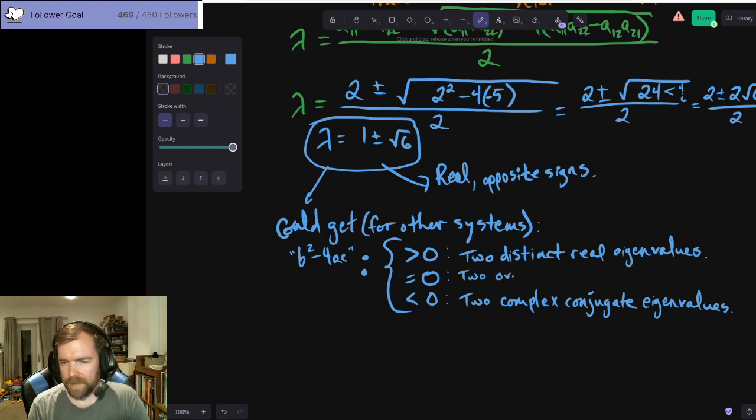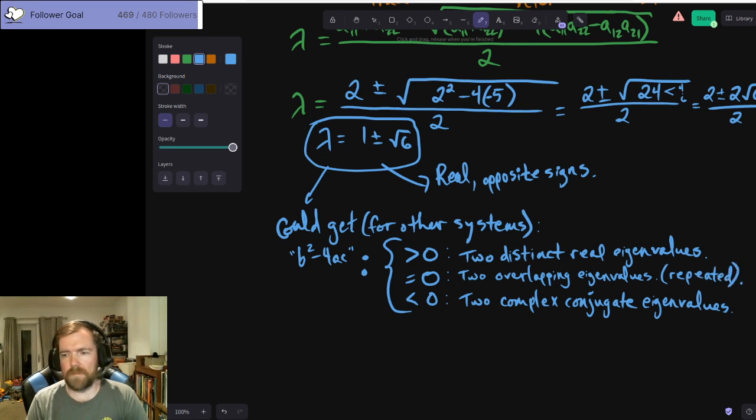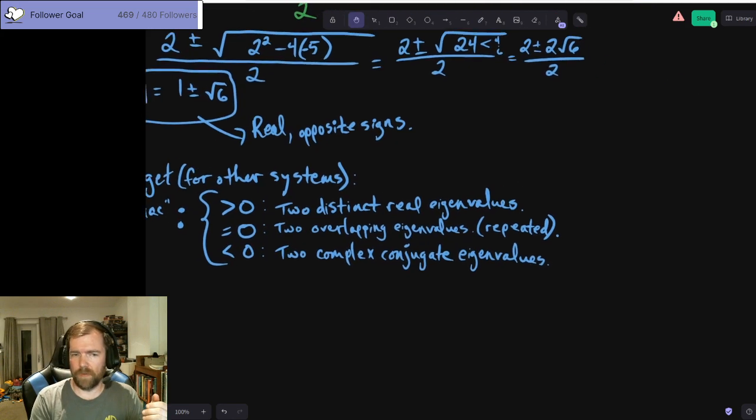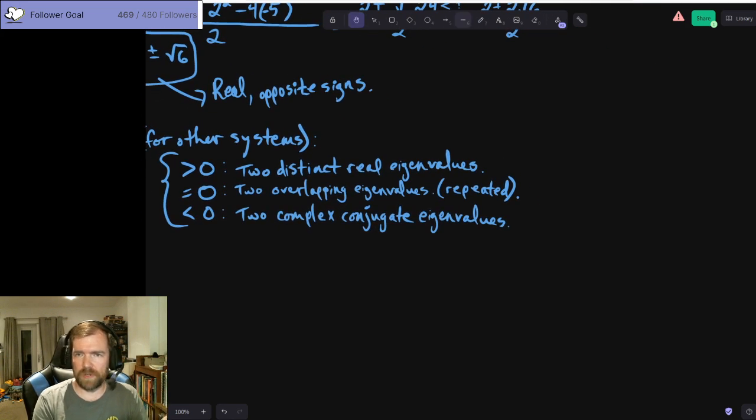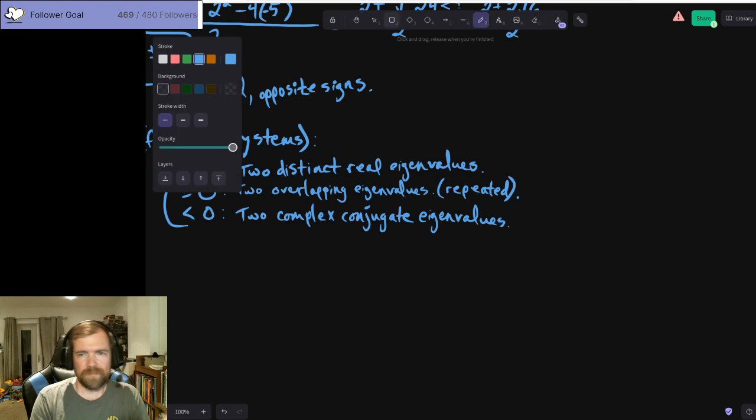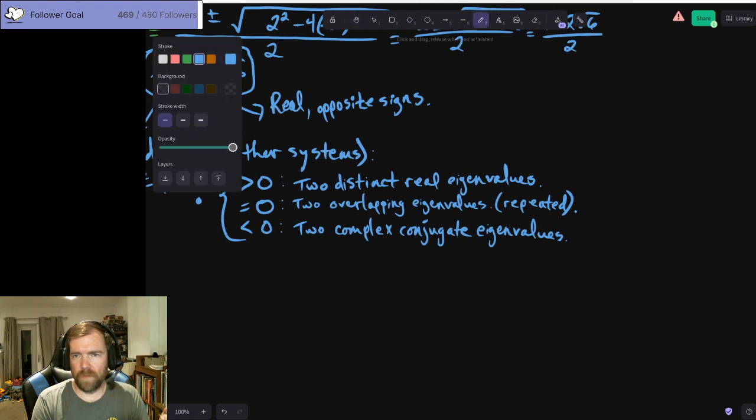Yeah. Oftentimes people just say that they're repeated values, repeated solutions. All depends on what your teacher was feeling that day, really.